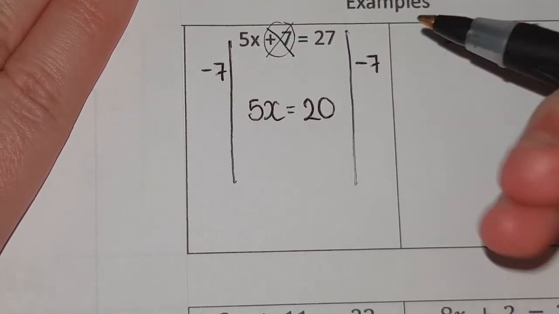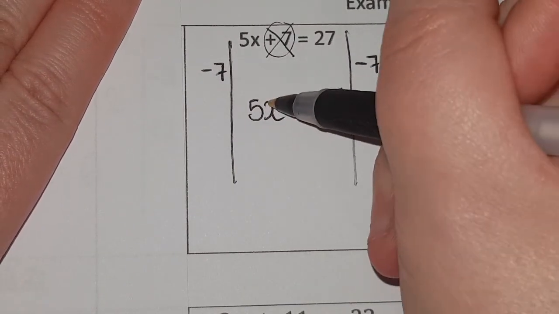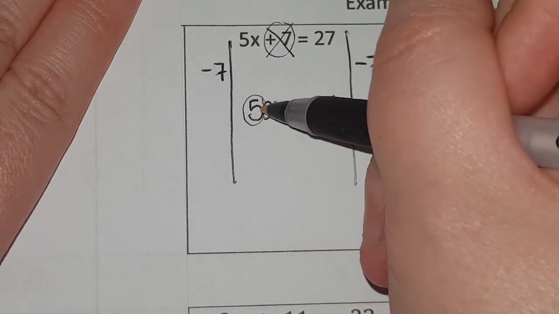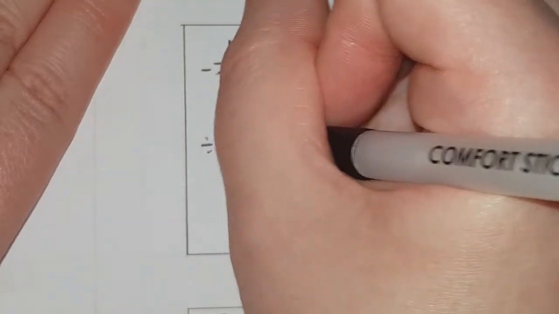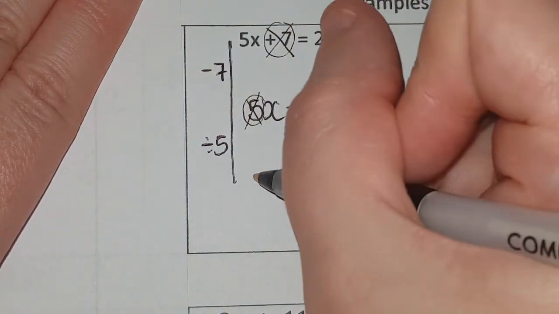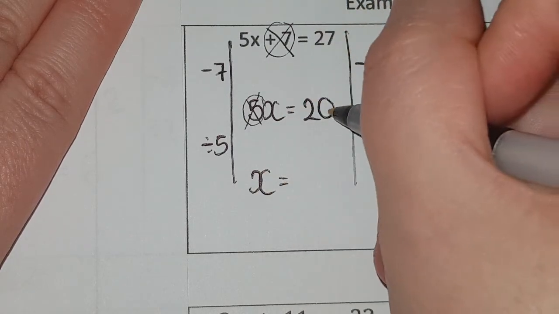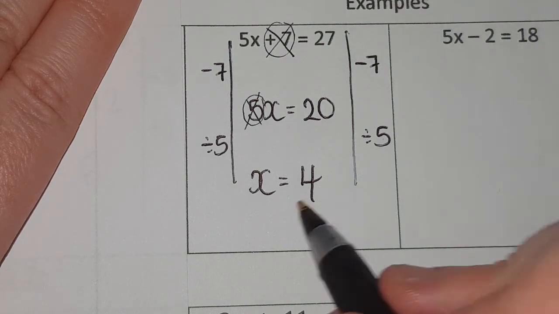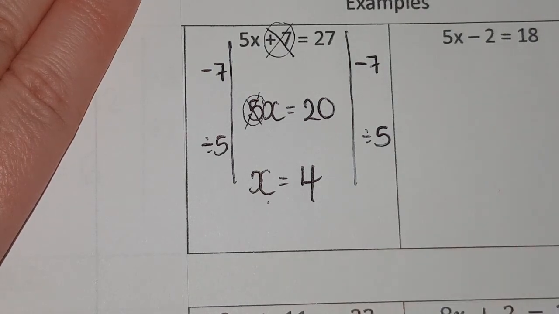Okay, so we've subtracted 7 to get 20. From there, we need to get rid of this 5, because remember the whole aim is to get x by itself. So to get rid of this 5, we divide by 5. That gets rid of this 5 and leaves the x on its own. 20 divided by 5 is 4. Okay, once x is on its own, that's it, your answer's done.